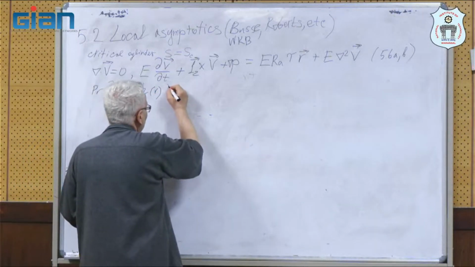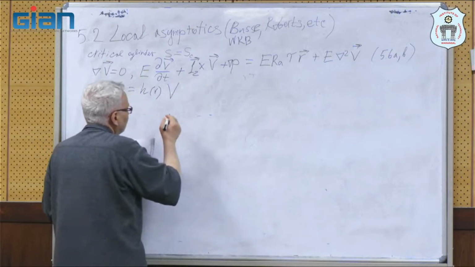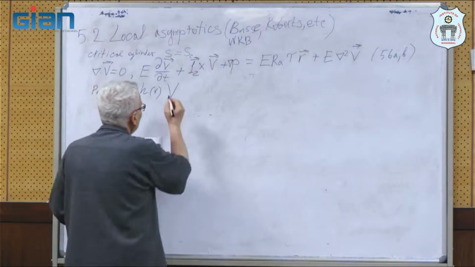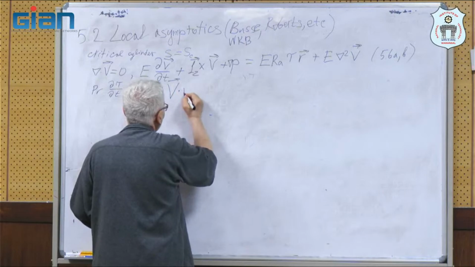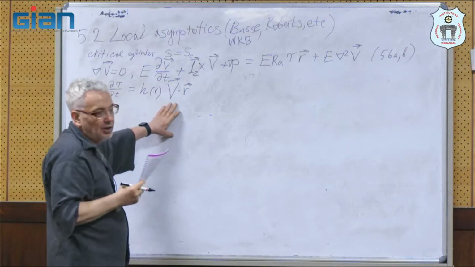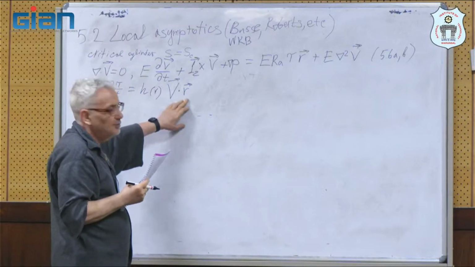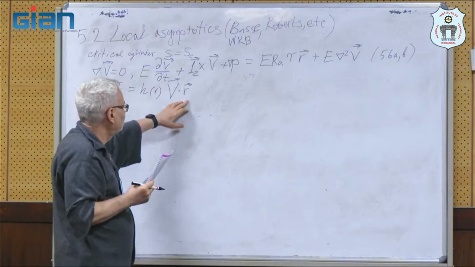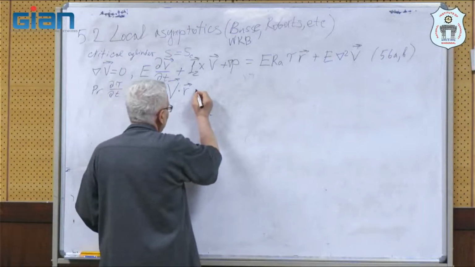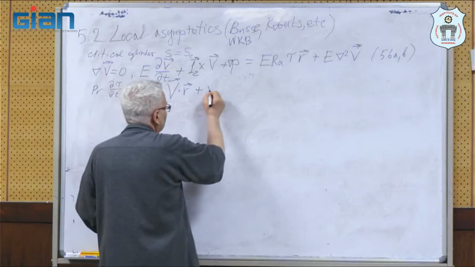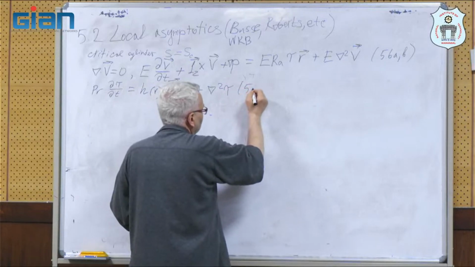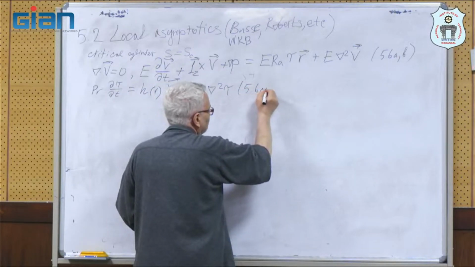And here we have the scalar multiplication of the vector v by the vector r, and obviously this is the r component of v times the spherical radius r. And then, of course, there is the diffusion term, which would be written like that. And this constitutes equation 5.6c.